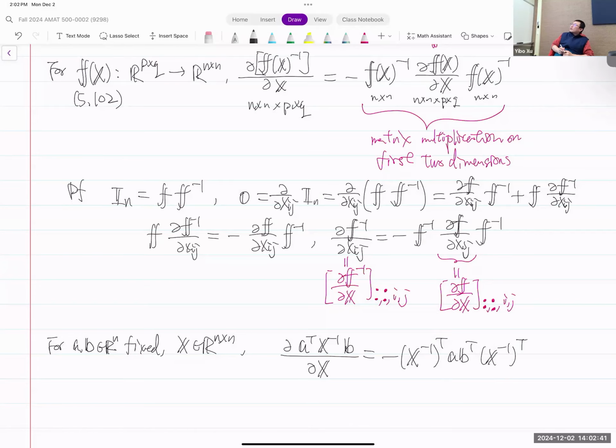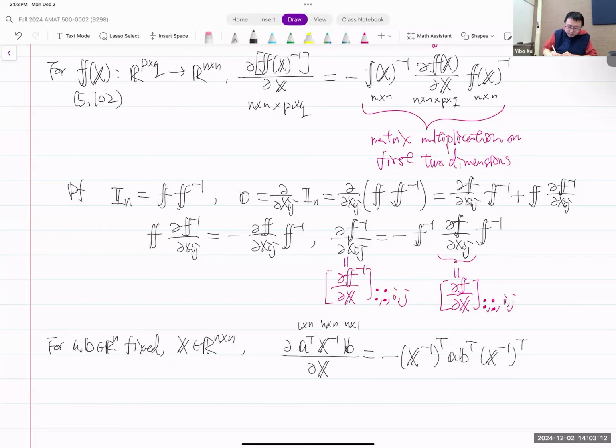We have X transpose X inverse B. So what's this? Just notice that A and B, they're all n-dimensional. So A transpose is 1 by n. X inverse is n by n. B is n by 1. So this A transpose X inverse B is actually a scalar.